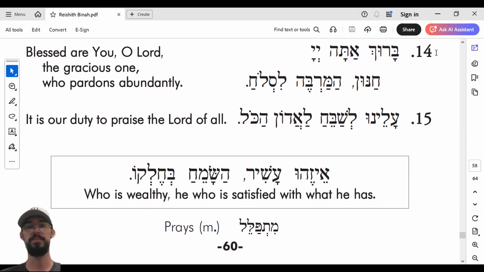Number 14, Micah. Baruch atah Adonai, Chanun, hamarbe lisloach.